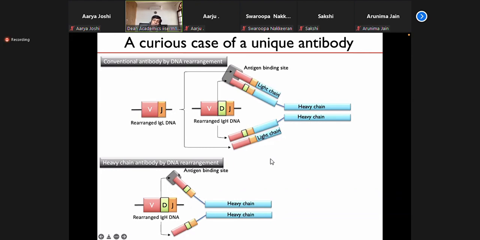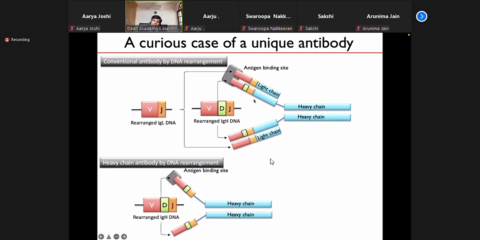Now it's very easy to genetically engineer one single domain. Otherwise you have the one domain of light chain, one domain of heavy chain, and then you have to make this whole thing from the other chain, right?